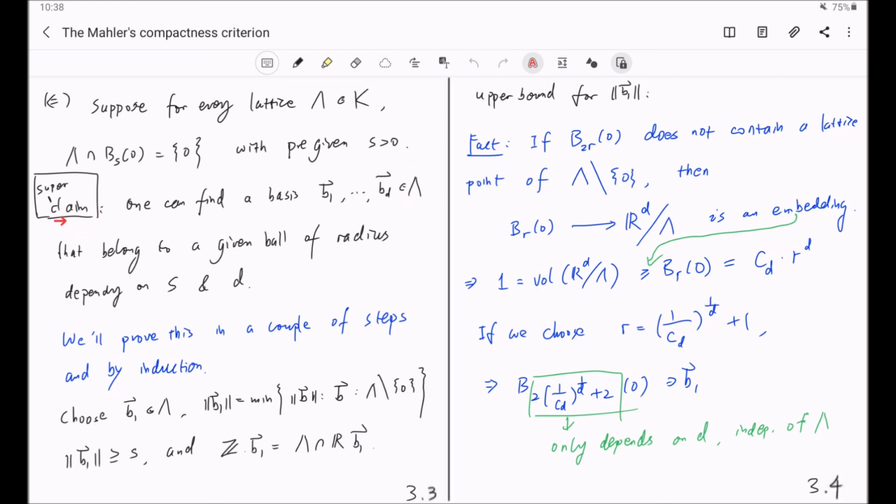So the first step in the proof of this claim follows immediately from the Minkowski's convex body theorem that we just proved. However, if you don't want to go through Minkowski's convex body theorem, I think this fact also works, which is easier to prove, as I did in the earlier video.